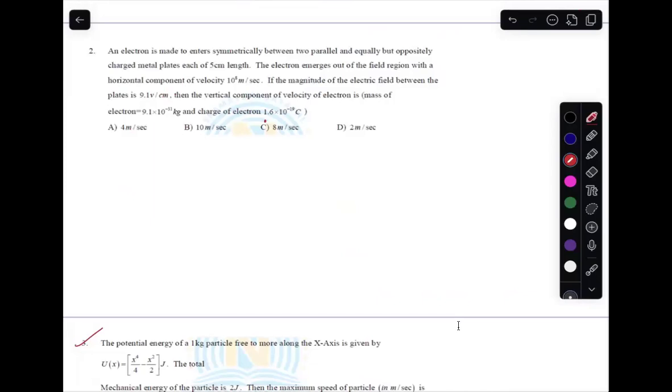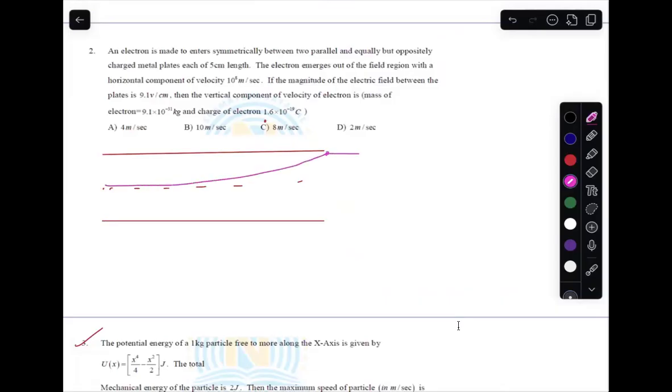Okay, fine. With this data, if you are assuming these are the plates, and this is how you projected, and this is how the electron arrives. This is horizontal component, this is vertical component.